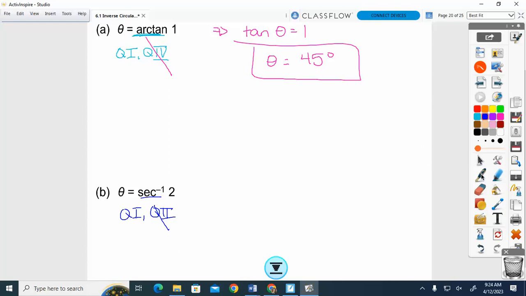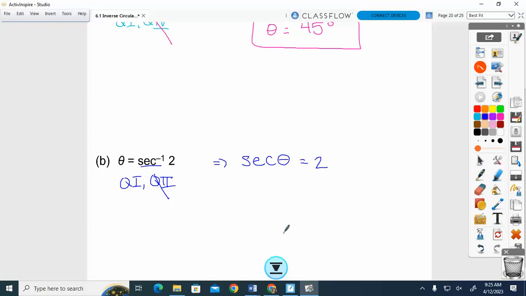So this is saying secant is equal to 2. Secant and cosecant are a little harder for us to think about in general, but secant is the reciprocal of cosine. So that means cosine is equal to what? We're in quadrant 1, when is cosine 1/2? 60 degrees.